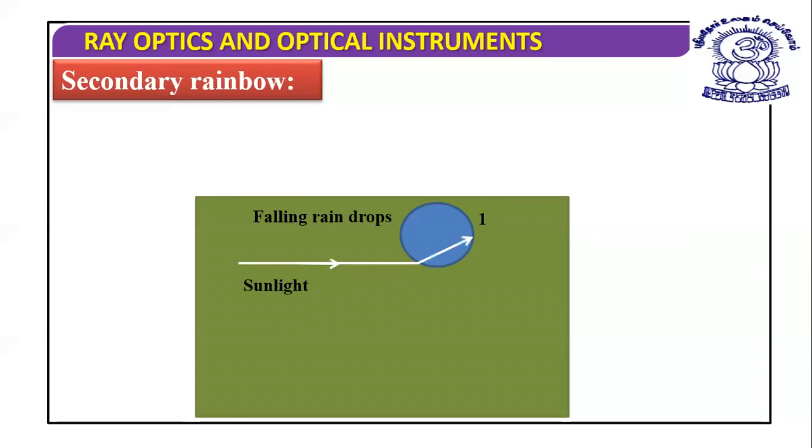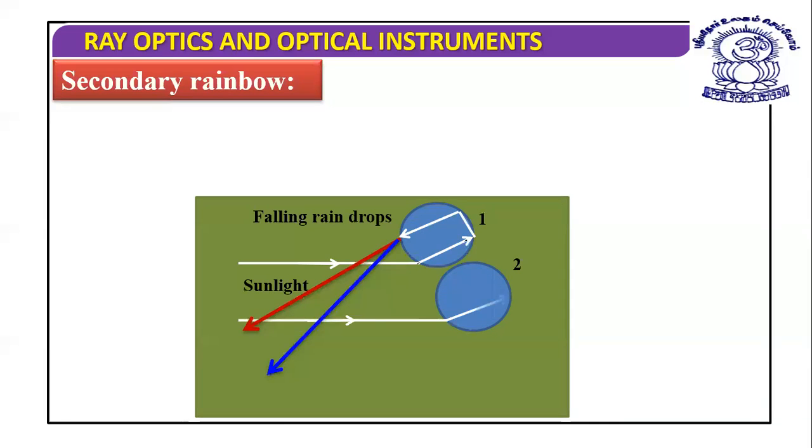Let us see how secondary rainbows are formed. This is first falling drop. Sunlight is incident. It is refracted inside from the second surface. It is internally reflected. And when it comes out, the violet light is on the downside and red light is on the upside.